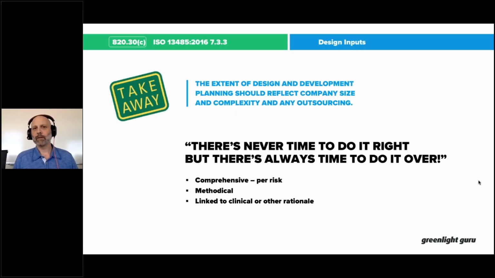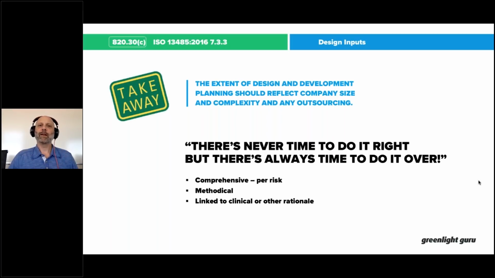Now, there's a lot of terms that people use to describe design inputs, things like requirements and product requirements and technical requirements and design inputs and design input requirements and design requirements, a lot of terms that are used. You'll find that I try to go back to what does 820.30 say, what does ISO 13485 say, so using consistent terminology. But the real essence of design inputs is getting it right the first time and understanding the context of how important your requirements are.